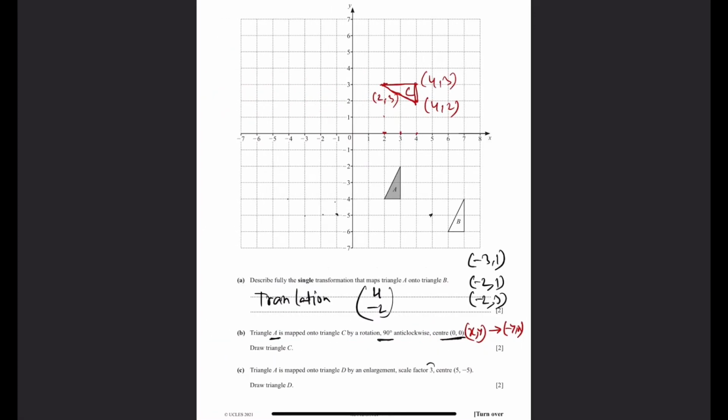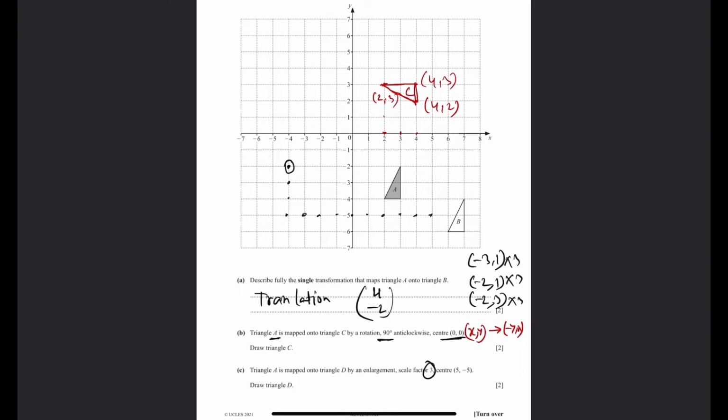Since the scale factor is 3, multiply all of this by 3. 1, 1 becomes 3, 3.